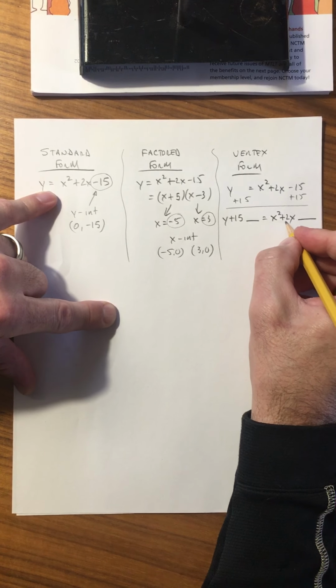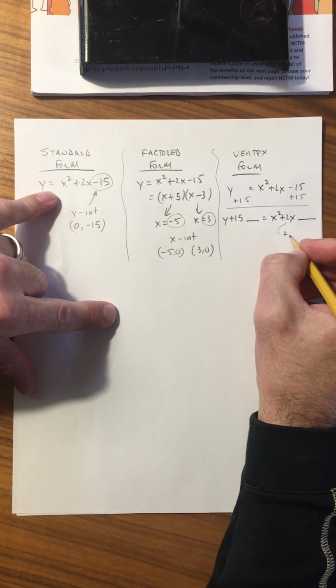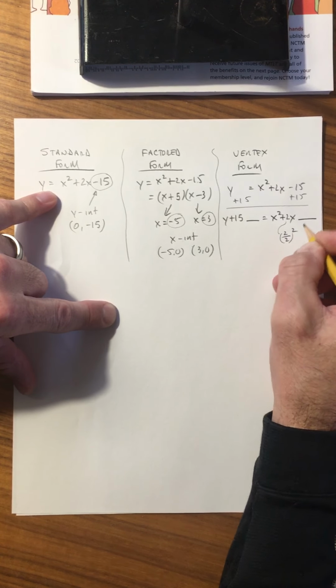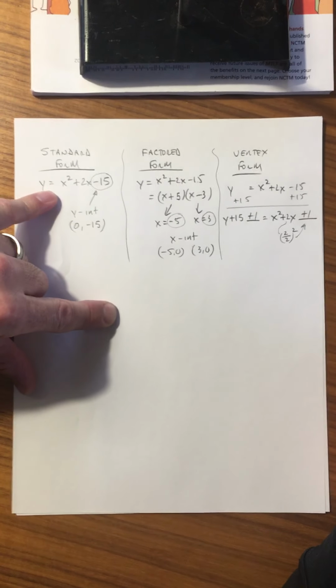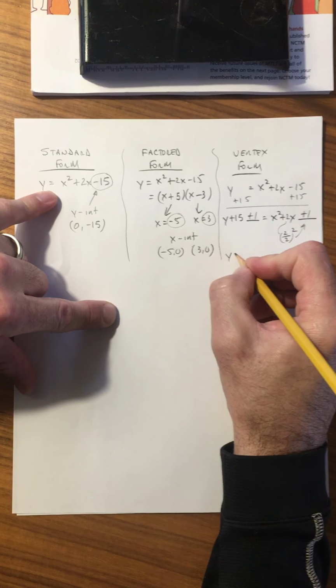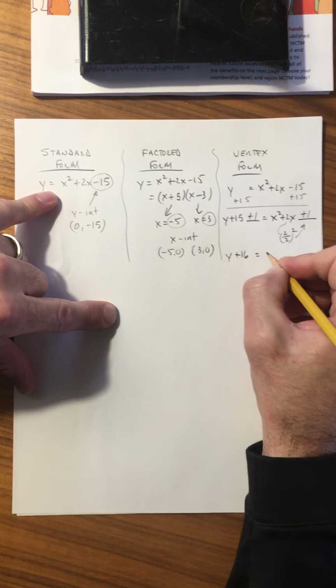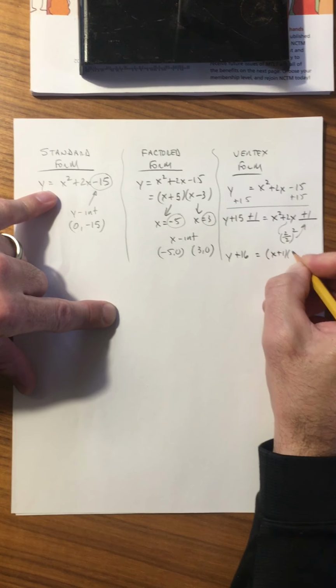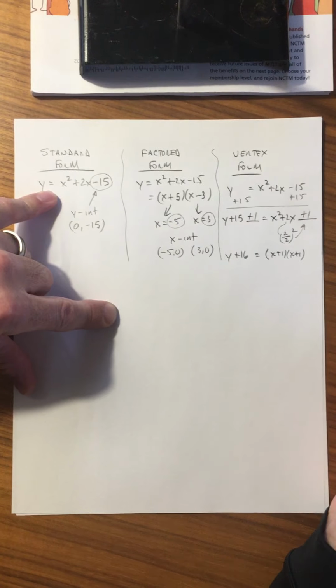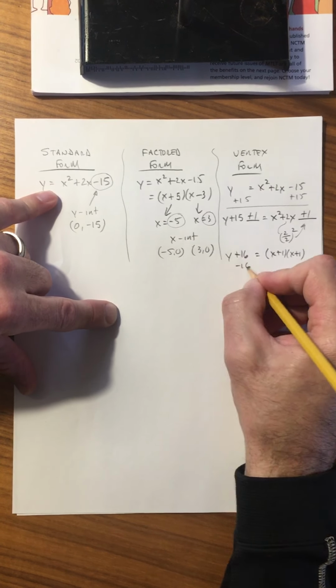And you'll remember we take the coefficient in front of the x, we divide by 2 and square it and add that to both sides. So in this case we'd get y plus 16. When we factor that, it's x plus 1 times x plus 1.